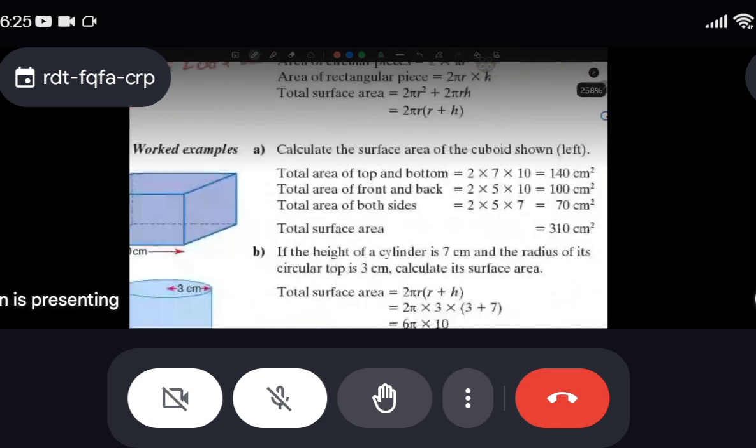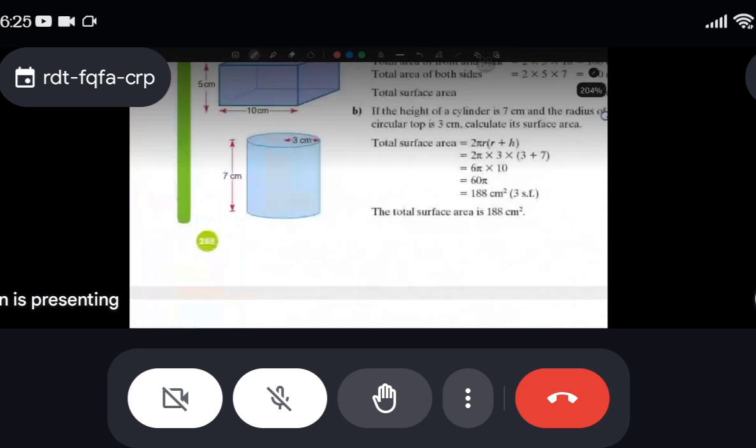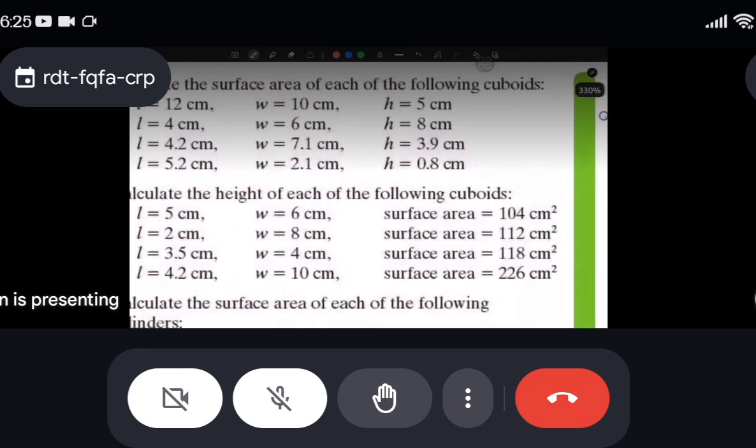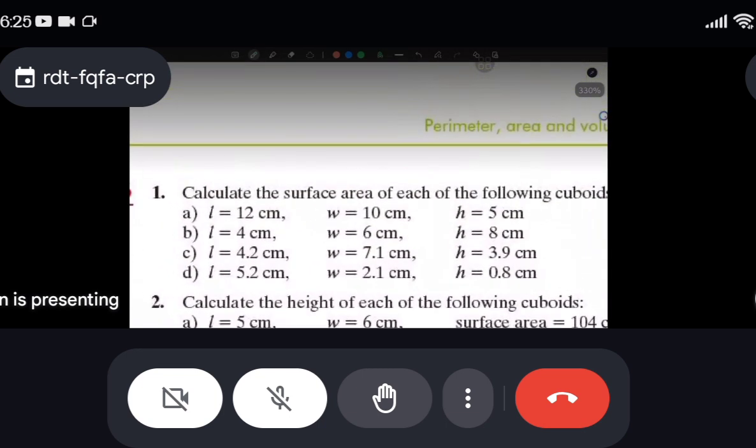So let's solve some questions. So this is a cuboid. I want you to do A, B, and C. Actually, just do A and B. Okay, sir.